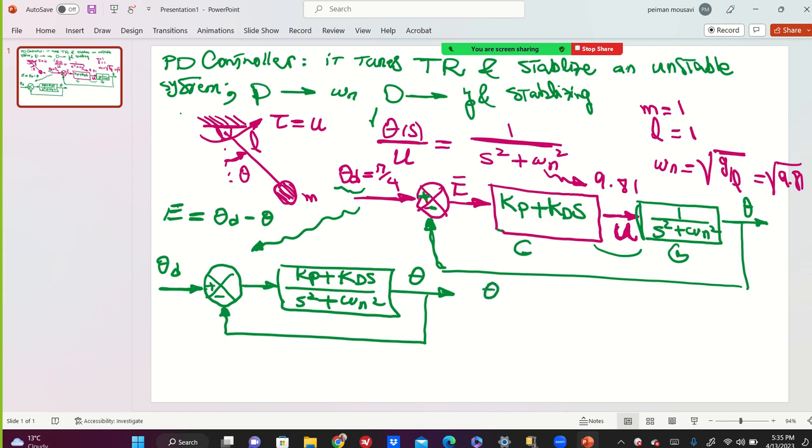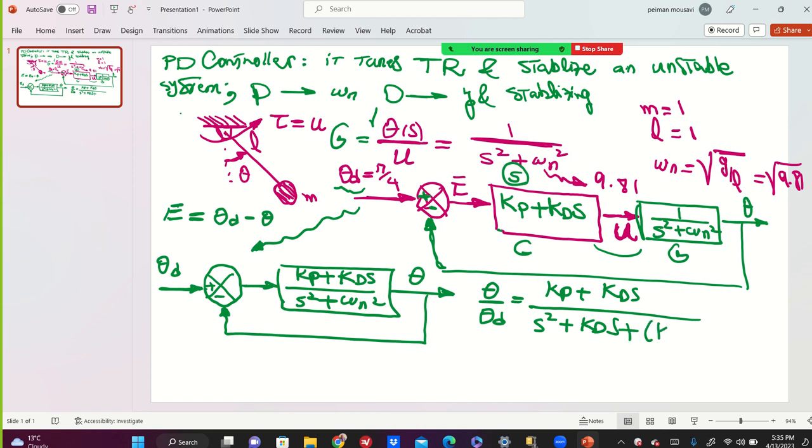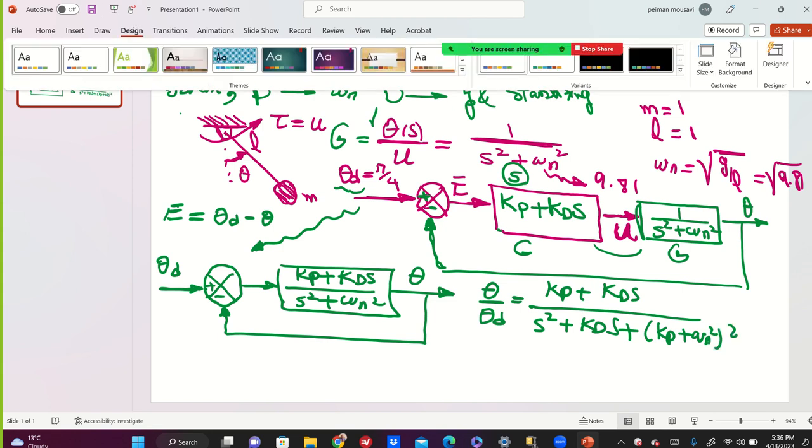So the closed loop transfer function, output over input, theta over theta d, was, if you remember from the previous class, Kp plus KDS over S square, KDS comes down like this, now you're adding the missing S from here, plus Kp plus omega n square.